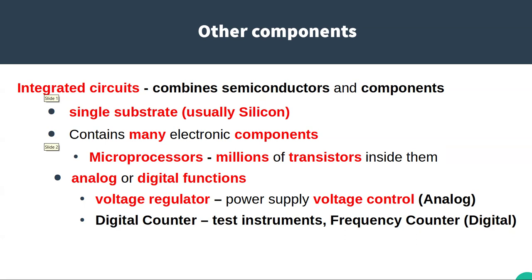They don't have to be digital like transistors and diodes making up shift registers and counters and things like that. They can have analog functions, can be analog to digital converters, digital to analog converters, voltage regulators, which you'll see in power supplies to control a voltage.